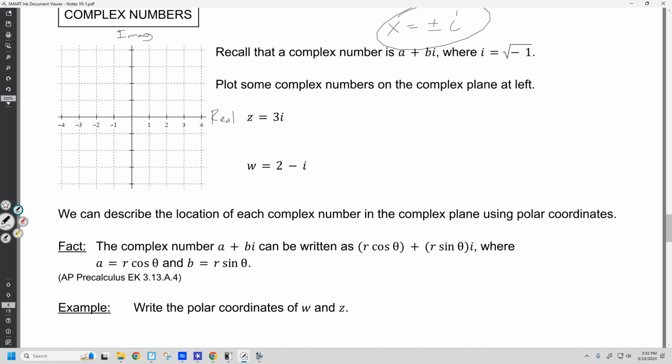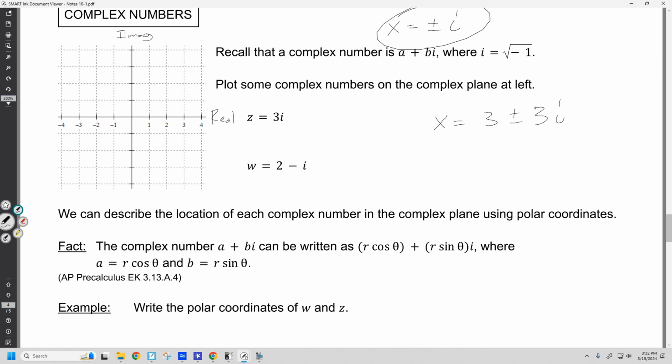Okay? There's some quadratic equation out there whose solutions are x equals 3 plus or minus 3i. Cool?